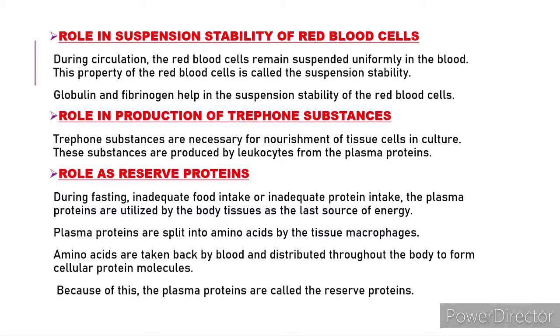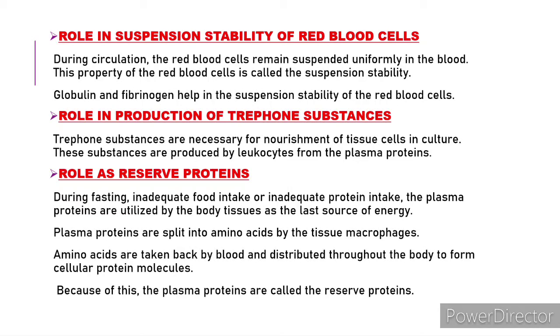Next point is role in production of trephone substances. Trephone substances are necessary for nourishment of tissue cells in culture. These substances are produced by leukocytes from the plasma proteins. Next point is role as a reserve protein. During fasting, inadequate food intake or inadequate protein intake, the plasma proteins are utilized by the body tissues as a large source of energy.